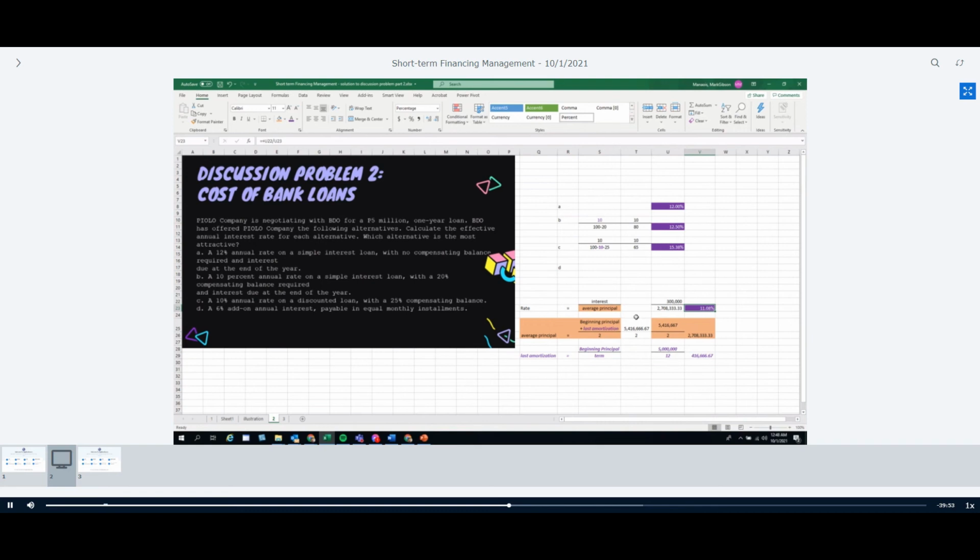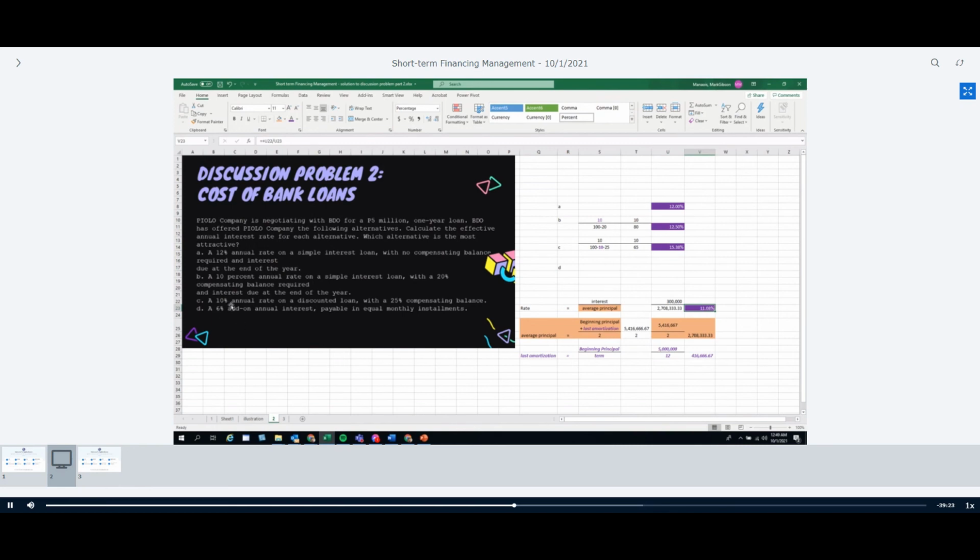So plus, itong add-on annual interest, this is usually used, ito yung in-offer na bangko for car loans, for condominium financing. So imagine, akala mo 6% lang. But in fact, the effective interest rate is actually 11.08%. So meaning it's more. Kasi di ba, parang very enticing.